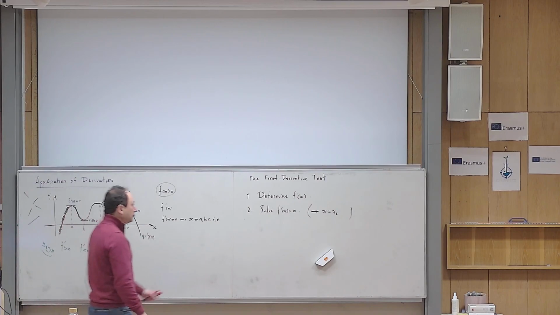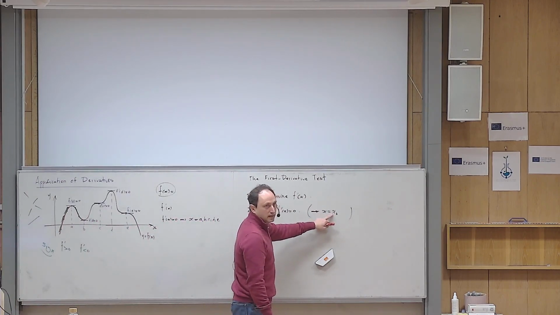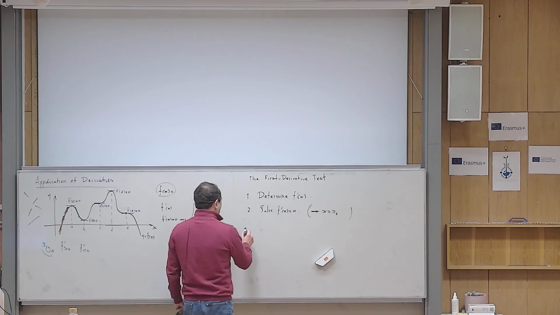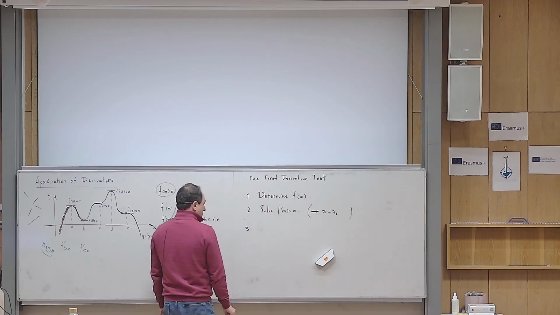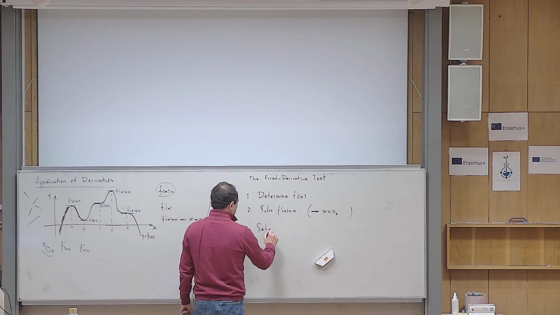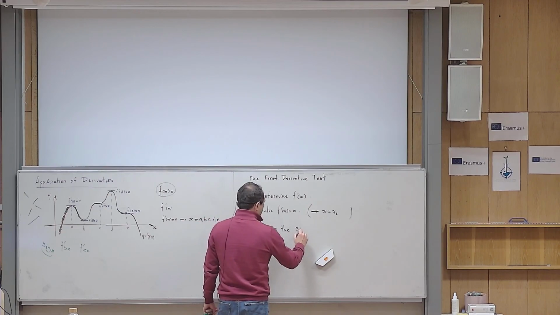Now the next part: I need to realize if this is really a local extreme point, and if it is, whether it is a maximum or minimum. For that, if you remember, I have to set up the so-called sign table.